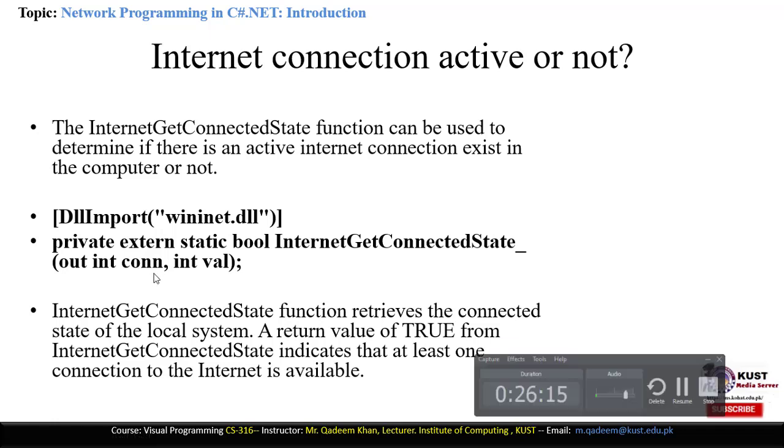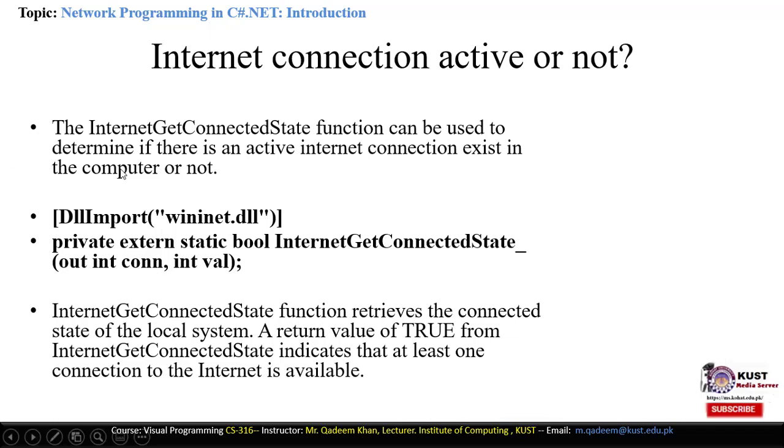When this returns the true value, because it is a bool function, it will return false or true. That means that at least one network connection is available or connected through this computer, or this computer has a connection with one network. And when it provides you the false value, that means that no internet connection is available for this computer.